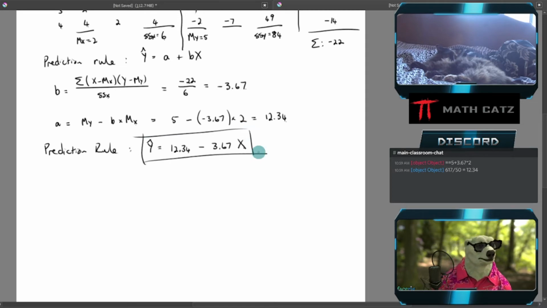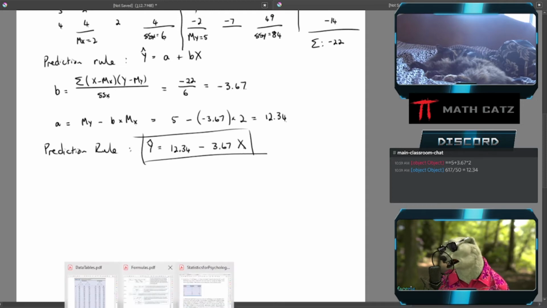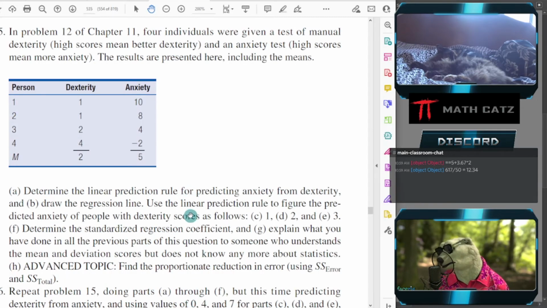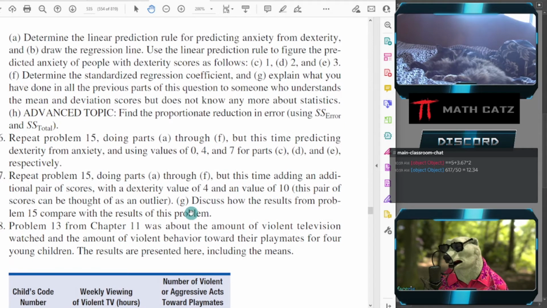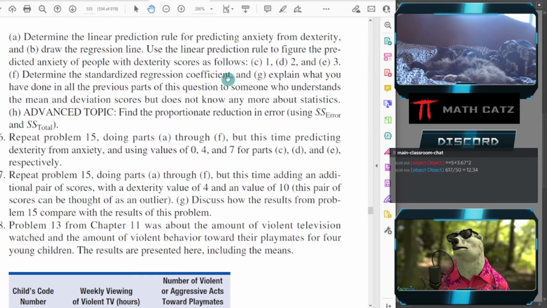Okay, there it is. Now, I'm not going to do all of these predictions that they want. They want us to predict the anxiety for people with dexterity scores 1, 2, 3. I'll just do 1.